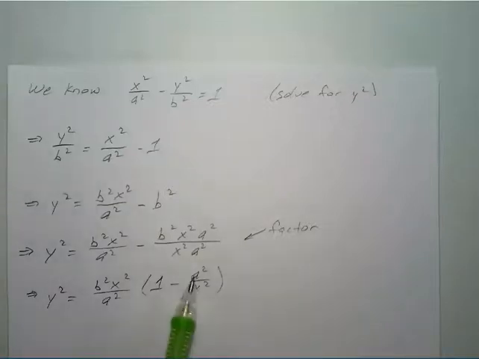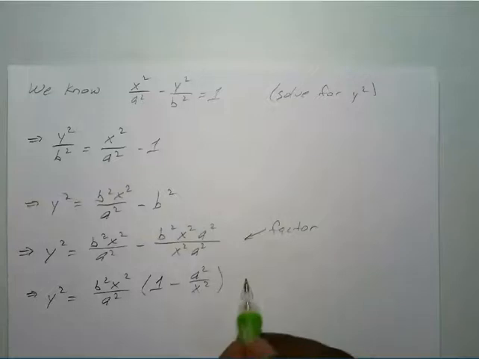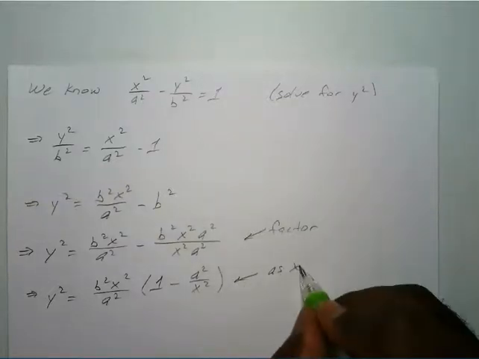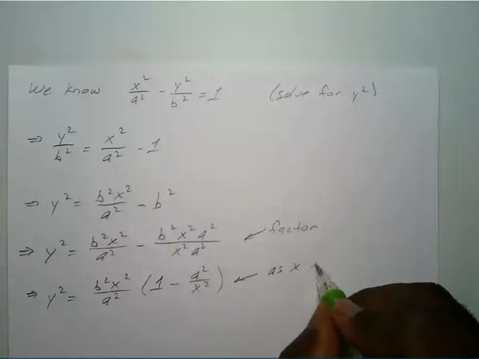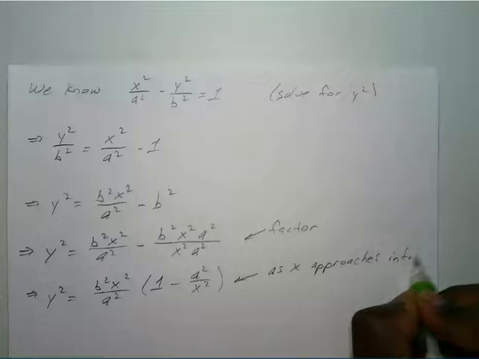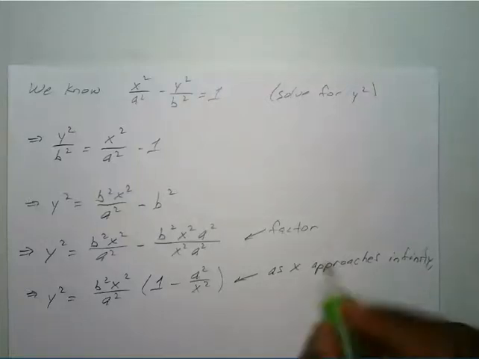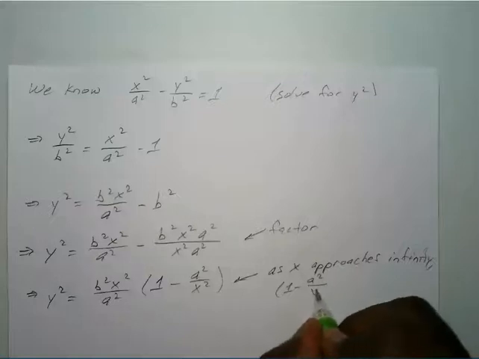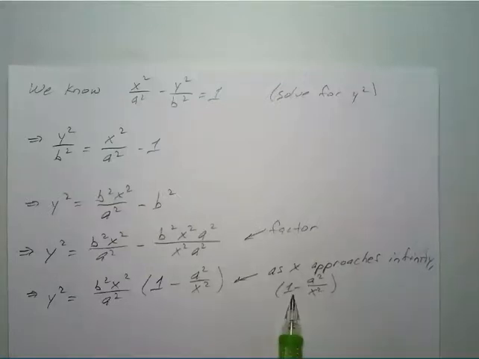Okay. Now remember a is just a constant. So think about x squared, your x value just getting bigger and bigger and bigger. Okay. So as x gets bigger and bigger, so in other words, as x approaches infinity, your 1 minus a squared over x squared eventually will get closer and closer to being 1 minus 0.